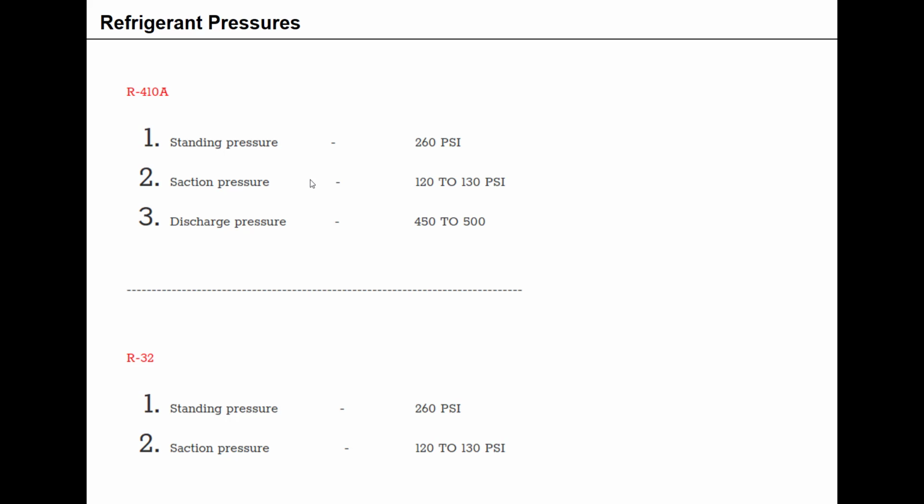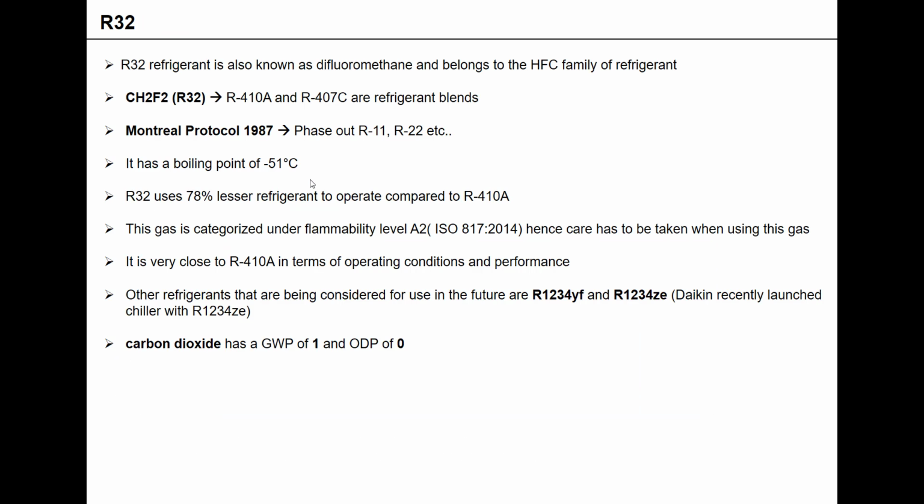That standing pressure is 260 psi for both gases. A service engineer will find this pressure helpful to determine many things, such as whether he has to charge extra gas, and what the actual refrigerant is. Different refrigerant gases have different standing pressure, suction pressure and discharge pressure.